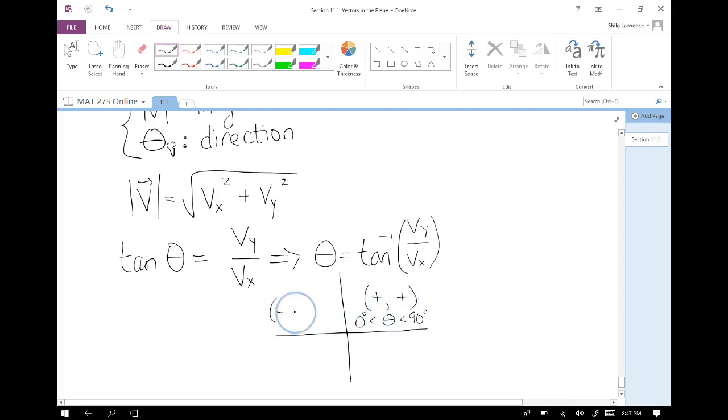If the x component is negative, but the y component is positive, then you're in quadrant 2, and your angle should be between 90 and 180. If both of your components are negative, that would put you down in quadrant 3, and your angle should be between 180 and 270.